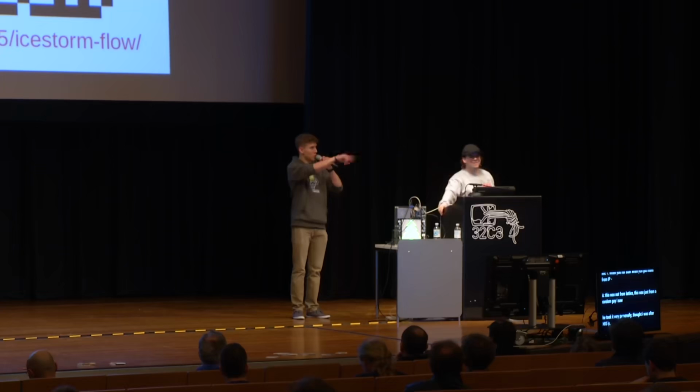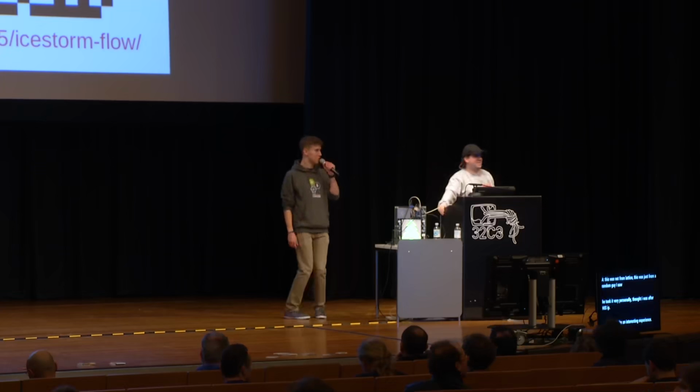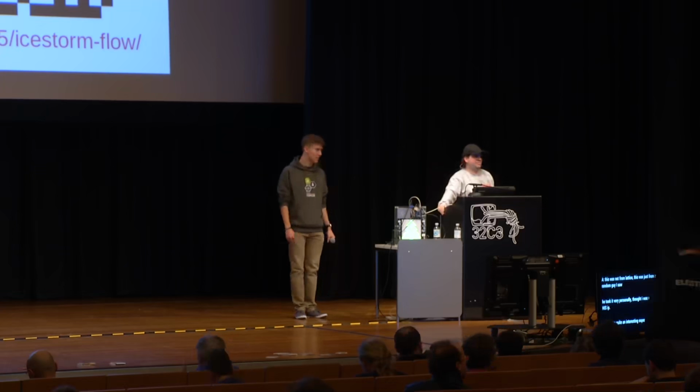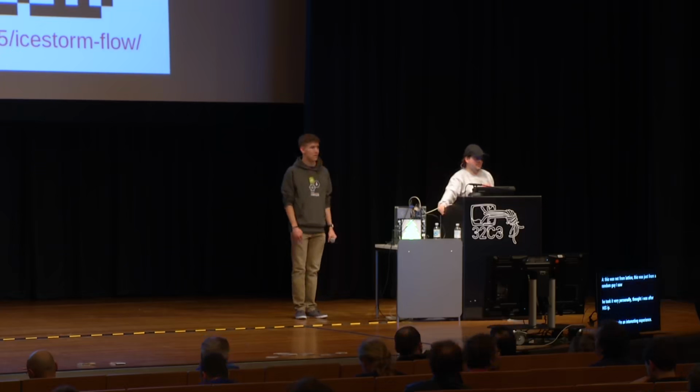Okay, so we're going to mix in another question from IRC or Twitter. Chris wants to know whether the error messages are comprehensive. For example, no resources left or clock tree is not feasible. That's a good question. I think for all stages of the flow, the error messages could be better.